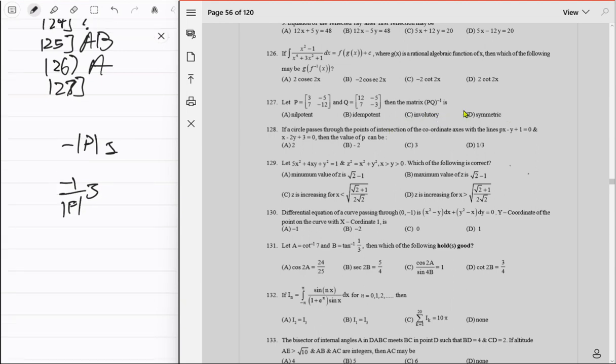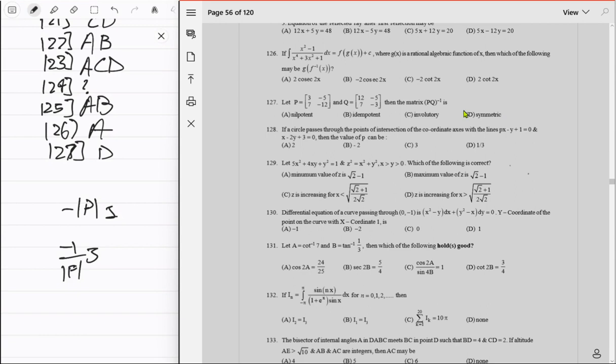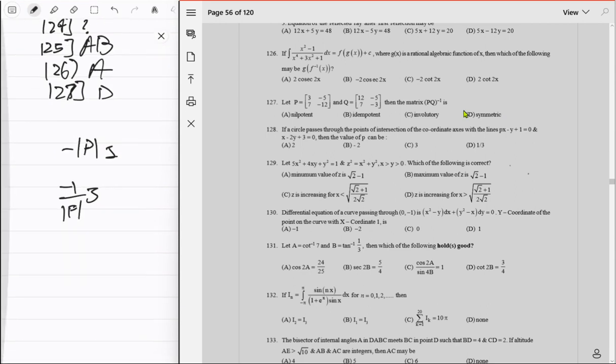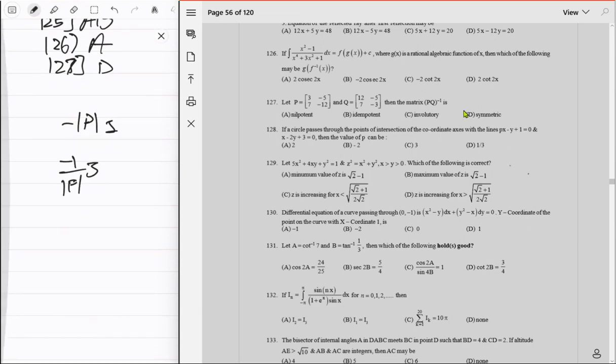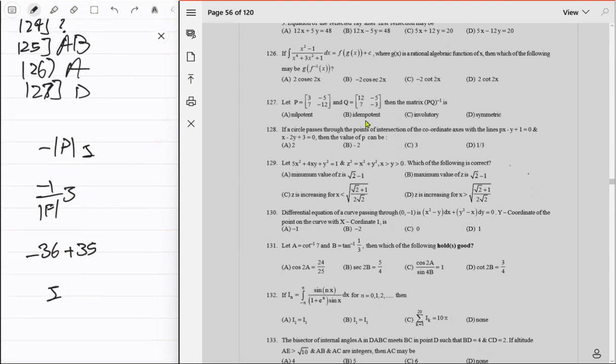Symmetric, yes, so D is correct. Well, determinant of P is not like that actually. It's not 1. That's the unfortunate fact. Negative 36. Determinant of P, what is it? Negative 36 and then plus 35. Oh wait, actually, it's the identity matrix. Then this is also the identity matrix. Okay. It's actually the inverse. Wow. Unexpected. So then this is idempotent, yes, and it's also involutory.